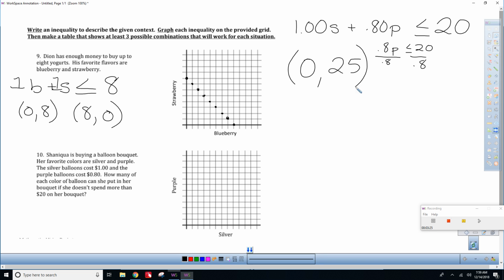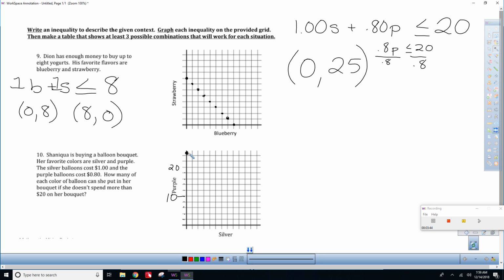So we're going to have to change our units, I think, to 2s. 2, 4, 6, 8, 10, 12, 14, 16, 18, 20, 22, 24. Here's 25 right here. So that's the most amount of purples she could buy.